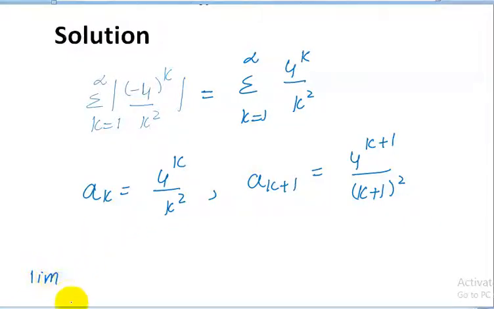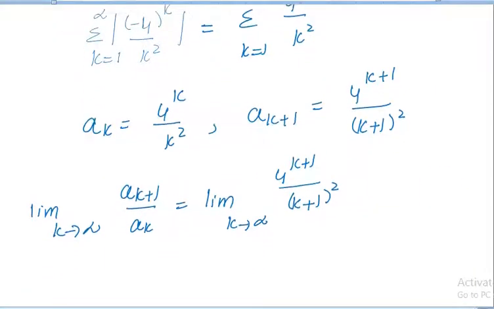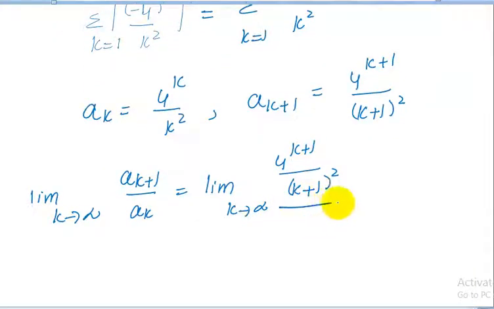Limit k approaches to infinity a_(k+1) upon a_k is equal to limit k approaches to infinity of 4^(k+1) upon (k+1) whole square, upon 4^k upon k square.